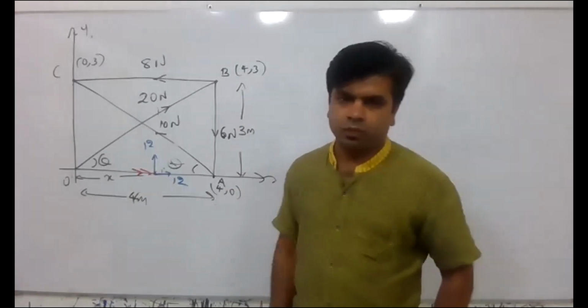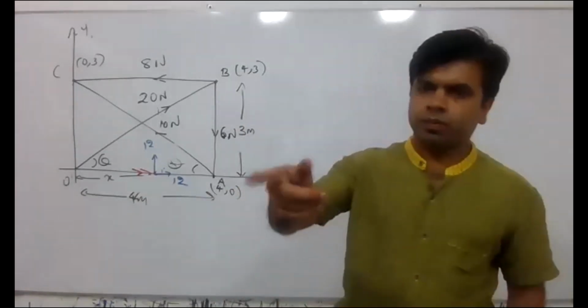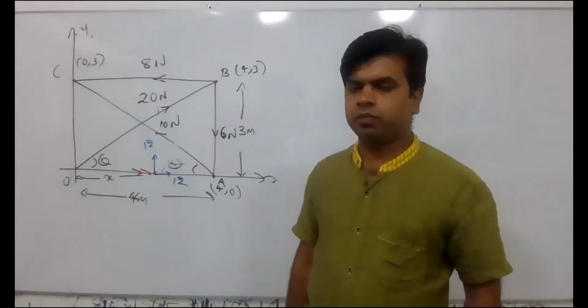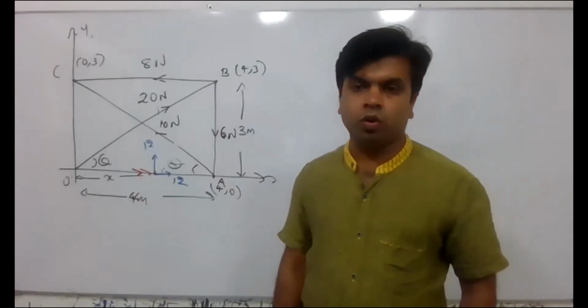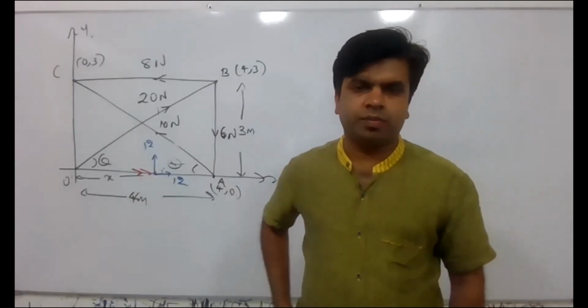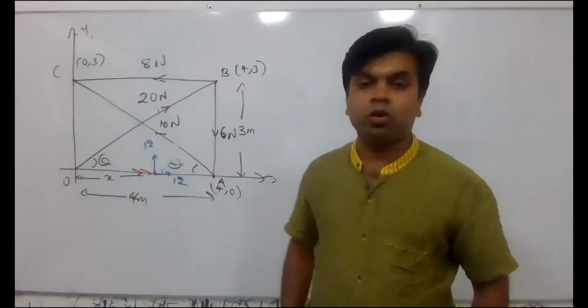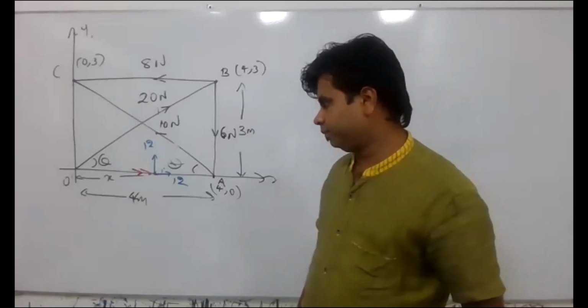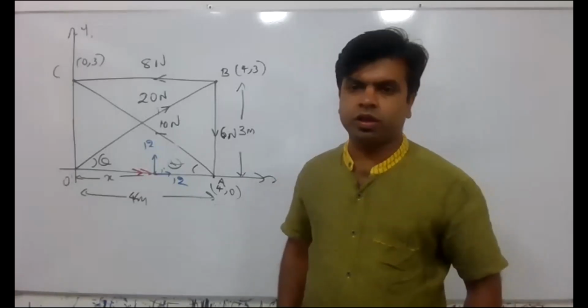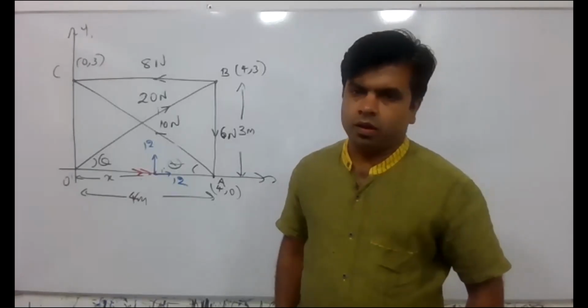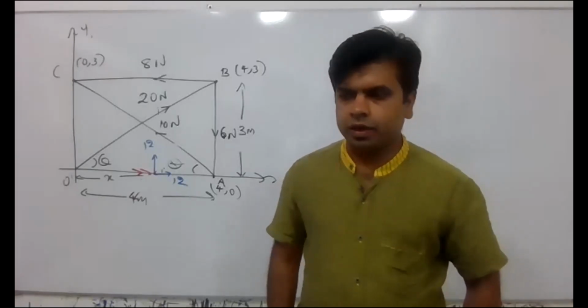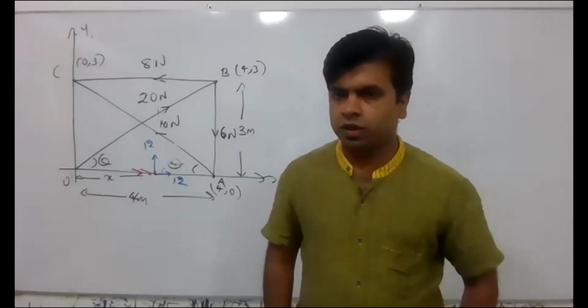If you want, you can mark within brackets: without 12 Newton along OA. To the original system.